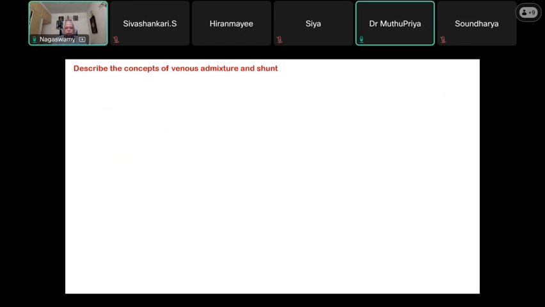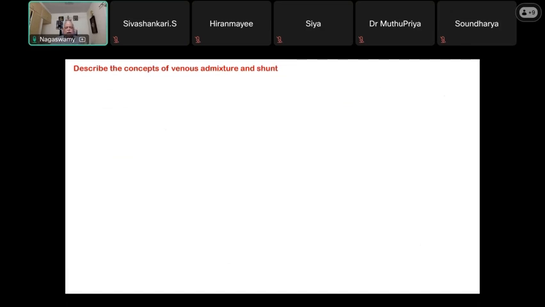Whereas a venous admixture is partially ventilated alveoli which do not have adequate oxygen to fulfill the venous blood. That is called venous admixture. Okay? In venous admixture, the blood flows through partially ventilated alveoli where it is not able to get 100% oxygenated like the other well ventilated areas.